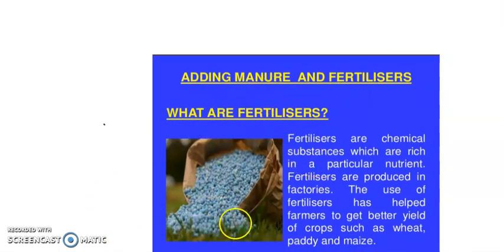Fertilizers are chemical substances rich in certain nutrients, and they are introduced into the soil. They help the farmer to have a better and faster yield of crop. But manure takes more time, because of which nowadays people prefer to use fertilizers more than manure.